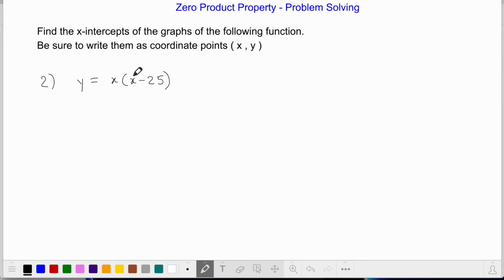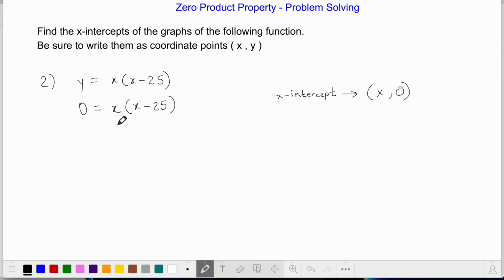For the location of x-intercepts, the value of y is always 0 on x-intercept points. So we will be using that concept in finding the location of x-intercepts. Since y is 0, we will be plugging 0 in for y and solving this quadratic equation.